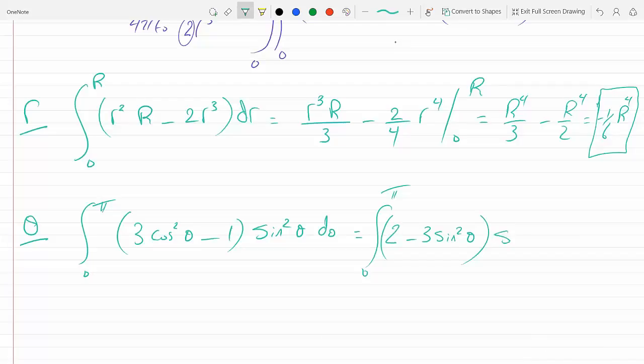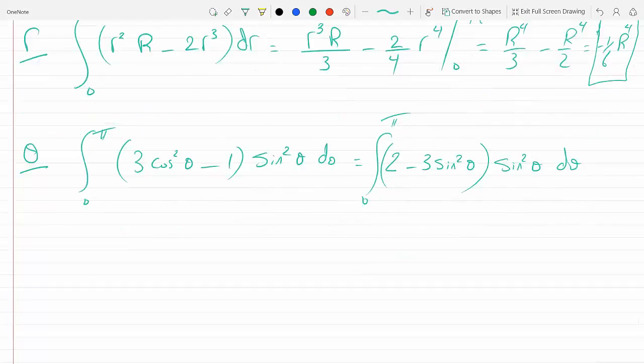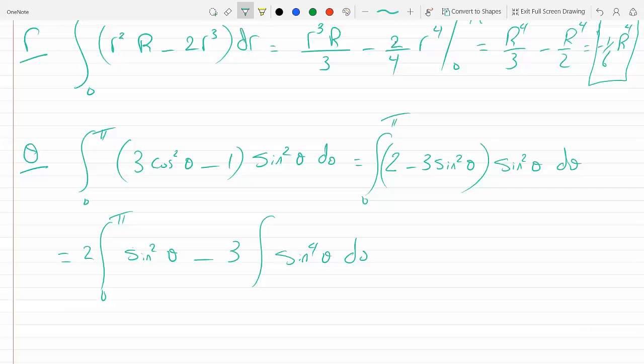And then we have sine squared d theta. So what does this become? If you FOIL this, this is 0 to pi 2 sine squared theta minus 3 sine to the 4 theta d theta.